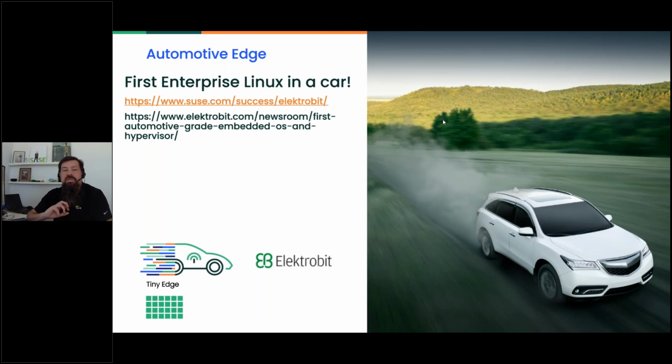We're pushing pieces out there. It is all of those sensors, all of those pieces to be able to run a car quickly, effectively, and safely running on Linux. And so this is one of those first edge use cases where we've been partnering with Electrobit for a couple of years now to build this automotive grade Linux. It's some very fun stuff.